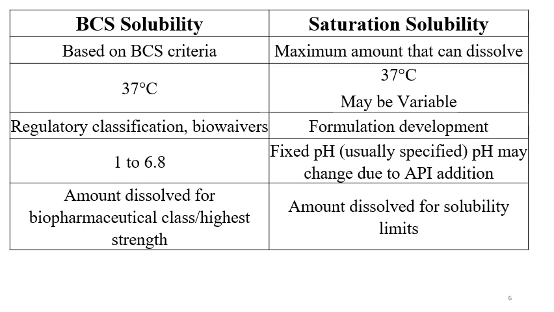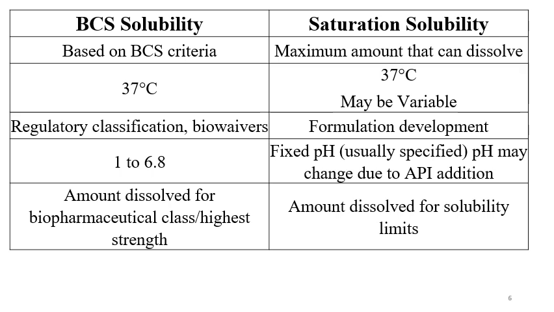Also, saturation solubility is performed with media at 37 degrees Celsius. This temperature may vary, and you can study the effect of temperature also. BCS solubility is required for regulatory classification for biowaivers, and saturation solubility is for the intrinsic solubility of the API. It helps in the formulation development.